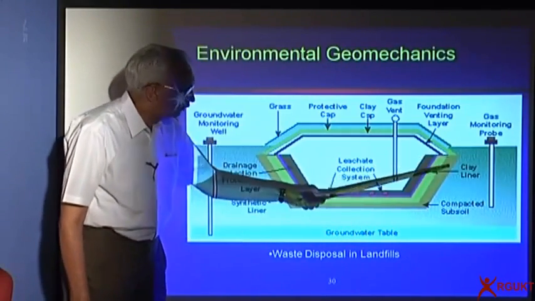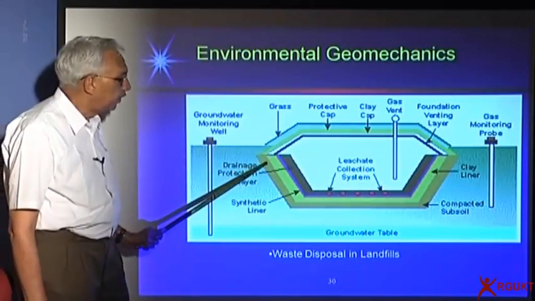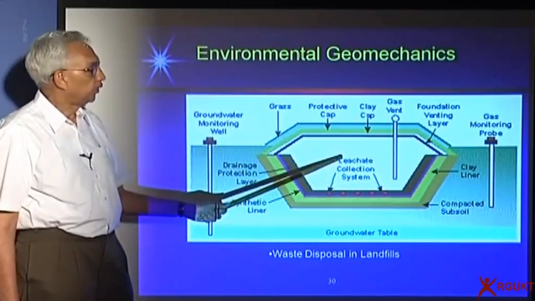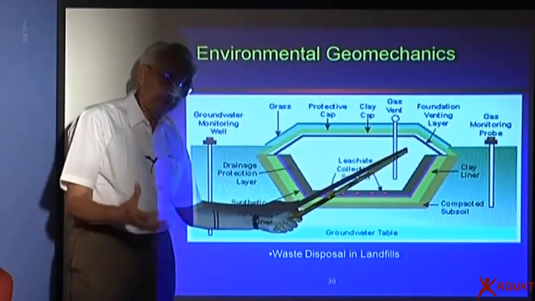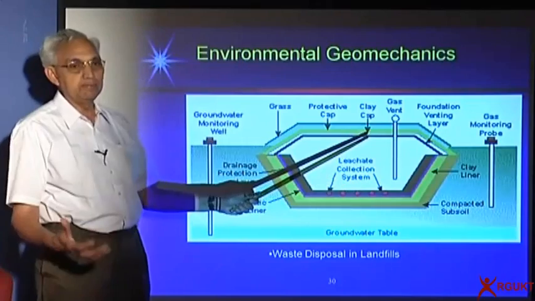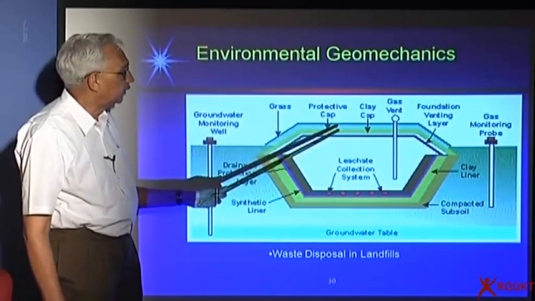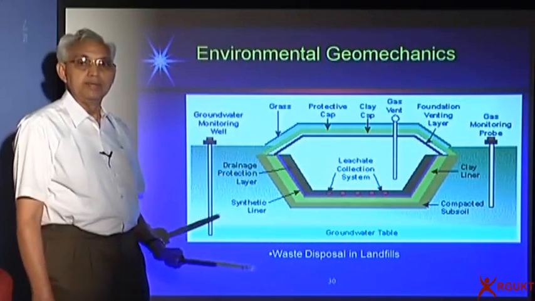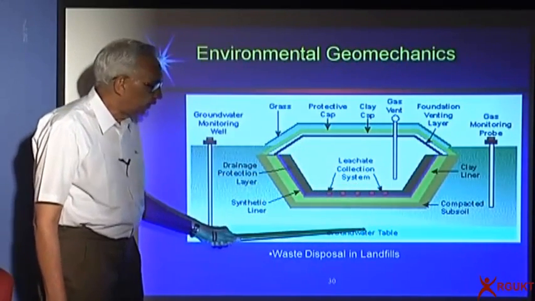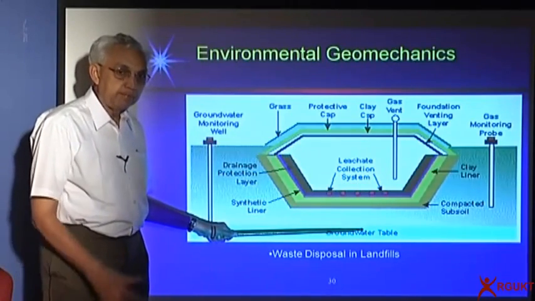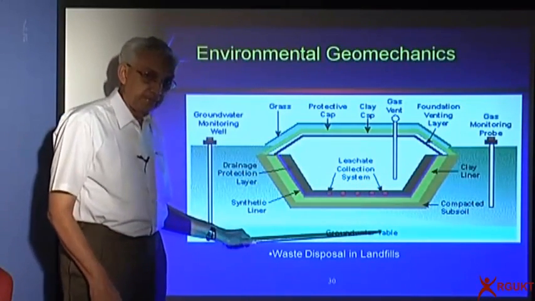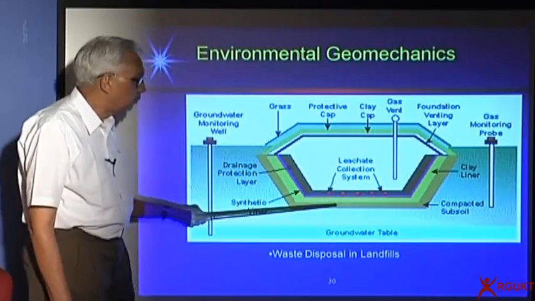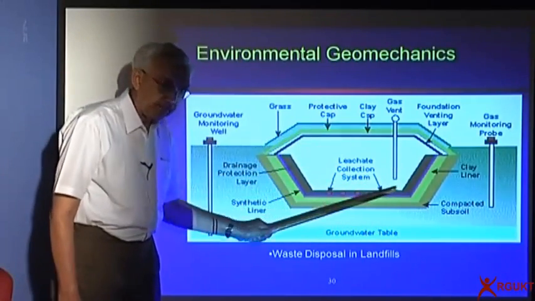So we as civil engineers and geotechnical engineers try to design the lining system so that whatever escapes from the waste, whether municipal solid waste or chemical or hazardous waste, doesn't get mixed with groundwater. Once it goes into groundwater, let me warn you, this water cannot be drinkable. People may even die, so we have to provide a proper geotechnical design for this.